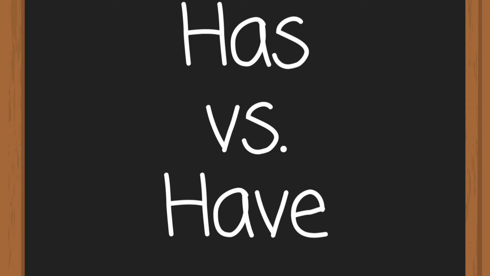So children, let us learn when we should use has and when we should use have in a sentence with the help of some pictures for better understanding. Then we will do some exercises based on that rule. Okay? Okay. Let's move ahead.